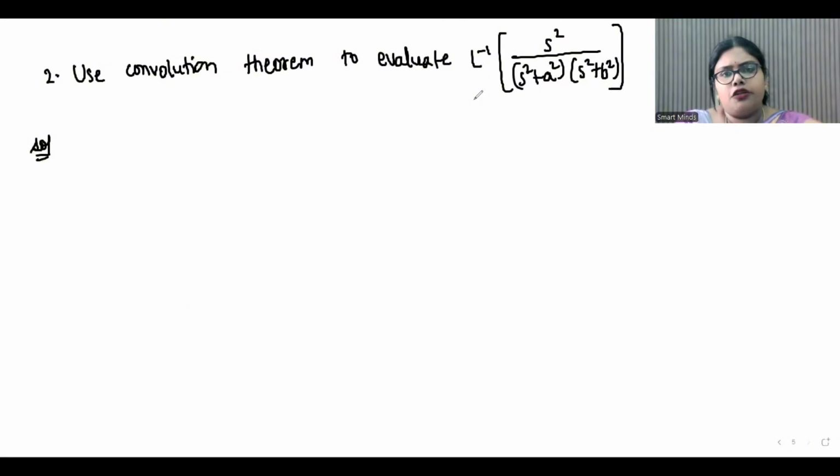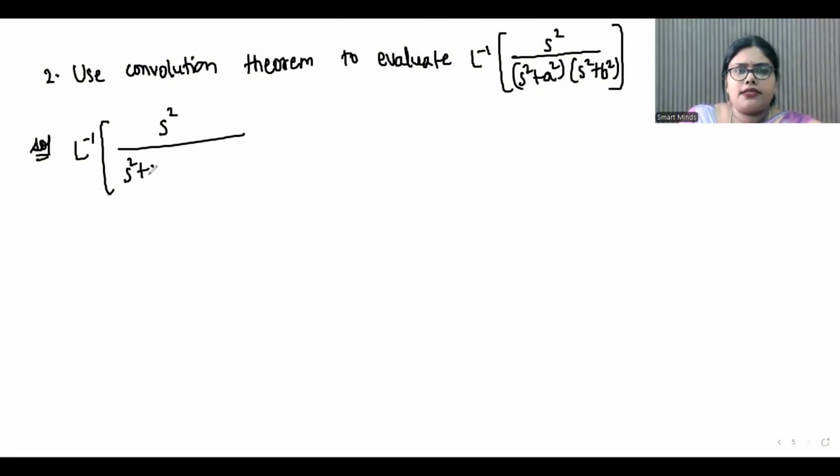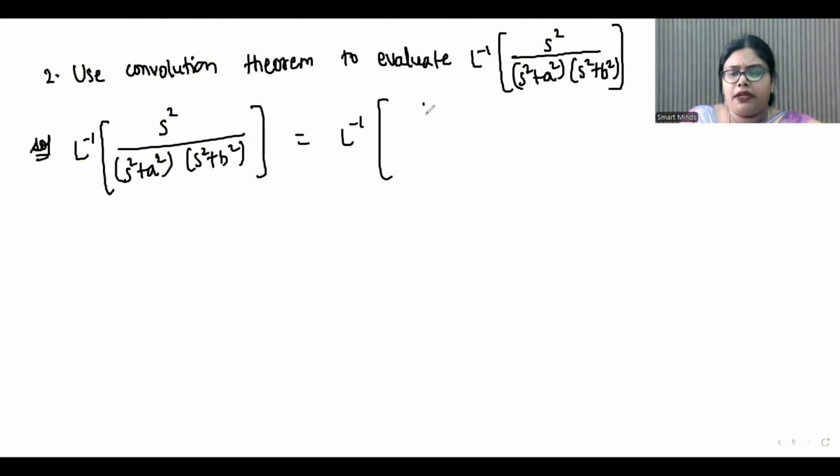Take the next question. Use convolution theorem to evaluate L inverse of s square by s square plus a square into s square plus b square. So L inverse of s square by s square plus a square into s square plus b square is equal to L inverse of, you can separate it now, s by s square plus a square into s by s square plus b square.